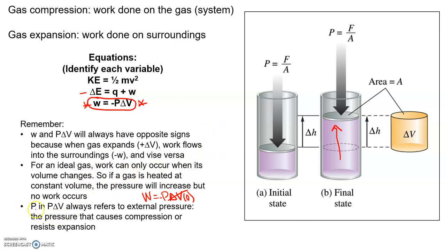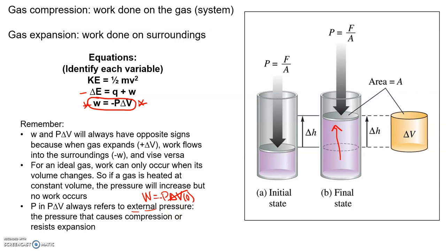And then the last thing to remember is that the pressure in P delta V always refers to the external pressure, the pressure that causes the compression or resists the expansion. It's not the pressure inside the container, it's going to be external pressure. And that will be clear to you in questions. Questions are not going to give you both the internal and the external and make you figure out which one to use.